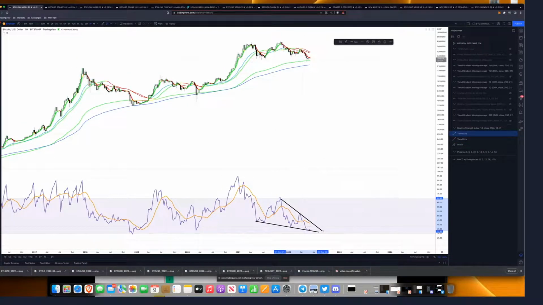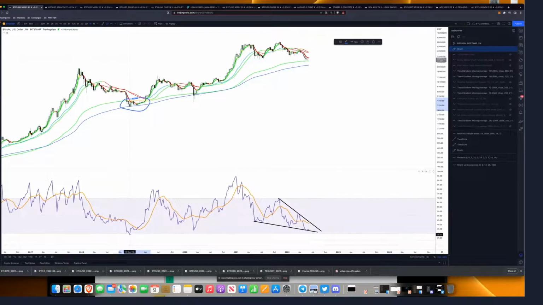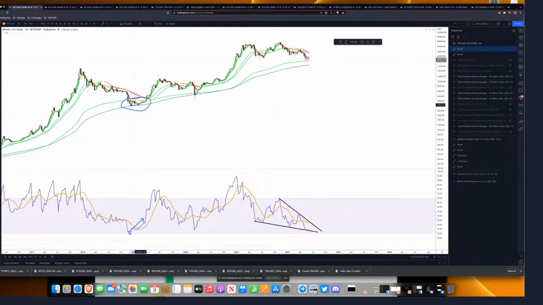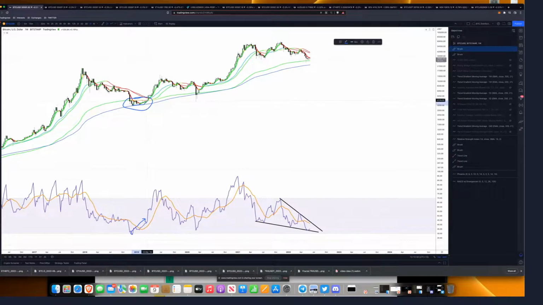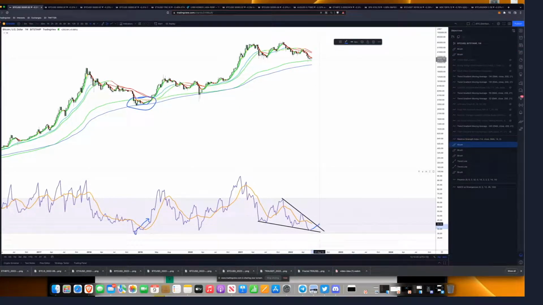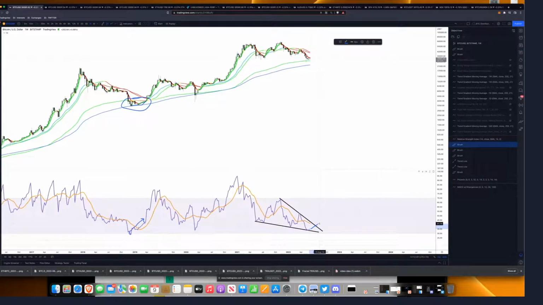So we can go bullish. If you look at this section here, we hit the bottom and we've got a bullish divergence in the making, but this has gone sideways a bit and then it's gone up. So we have time. If this was the bottom, we should see bullish divergence taking place.